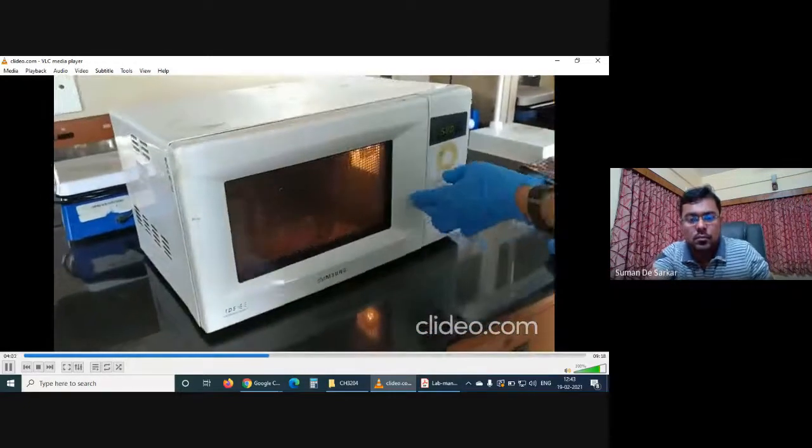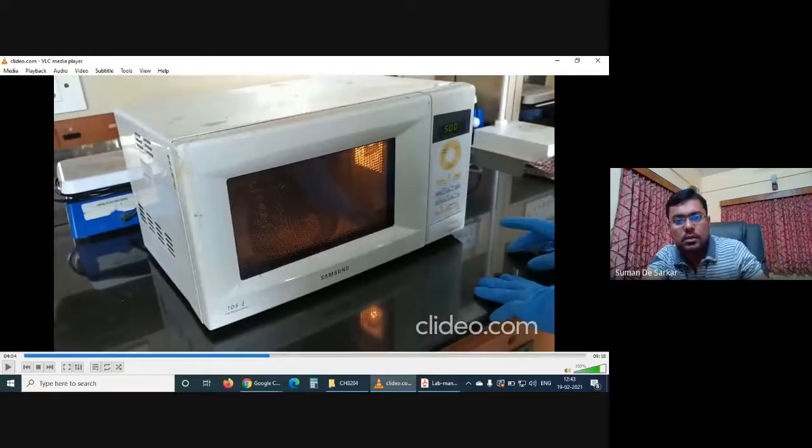One thing: Dr. Srikant put a lid here. Better not to keep it open, because we are generating ammonia. Ammonia is a gas, of course, and it will go away fast. To stop that, it's better to keep some lid, although it's not really airtight, but at least the concentration will be higher inside.